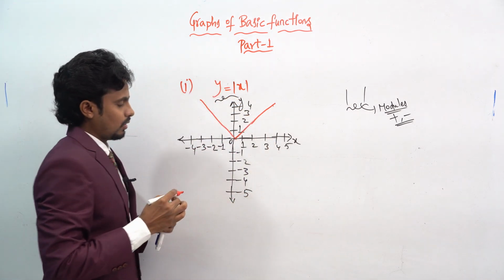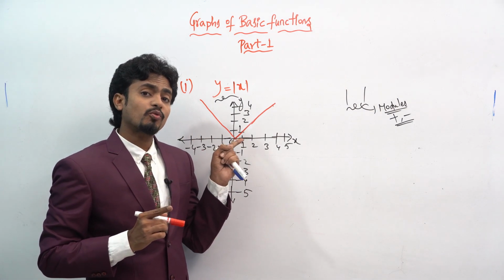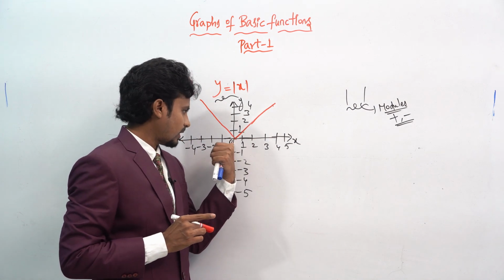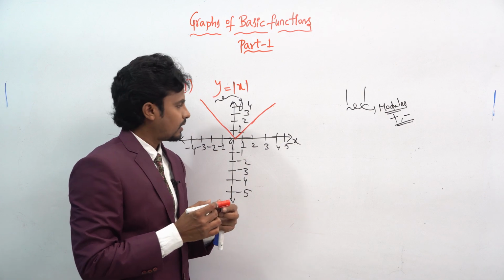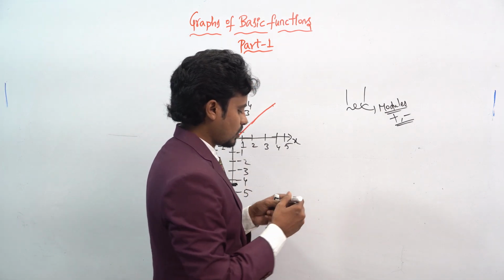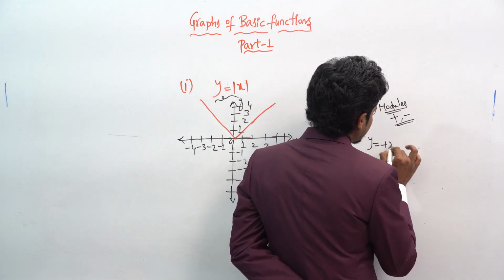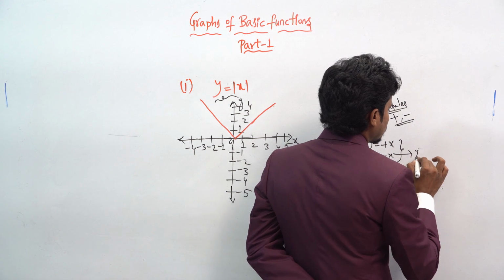Okay, and one more thing, the y is equal to plus x plot and y is equal to minus x plot will intersect at origin, right? Here it will just intersect at origin. So write it down here, y is equal to plus x plot and y is equal to minus x plot intersect at origin.